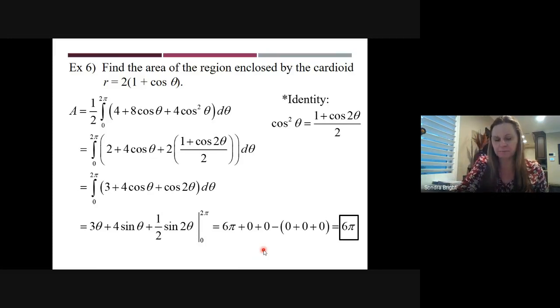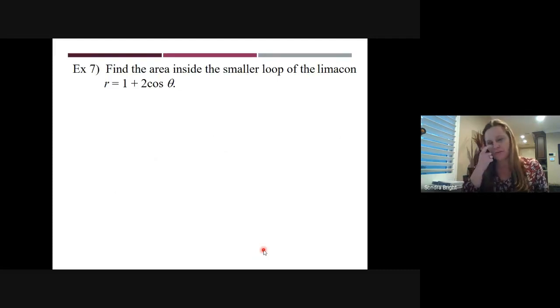A more complicated one. We're going to find the area inside the smaller loop of the limaçon r equals 1 plus 2 cosine theta. So they give us the hint that it's a limaçon, but we would have known that because 1 is smaller than 2. And when the number in front is smaller than this one, then it's a loop-de-loop limaçon.